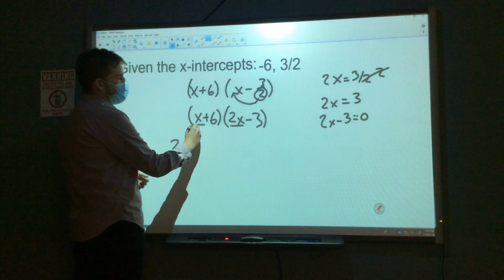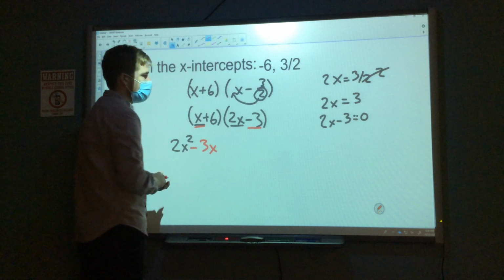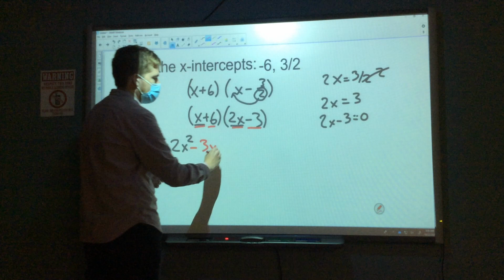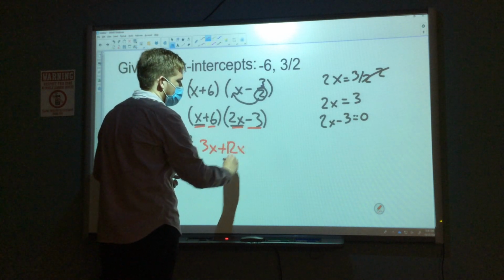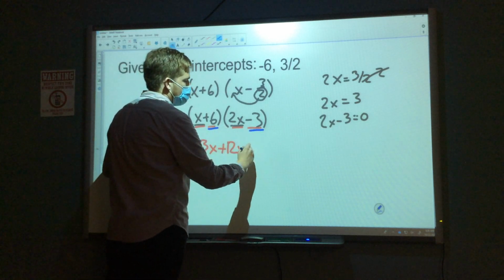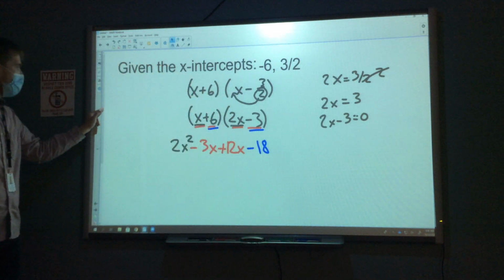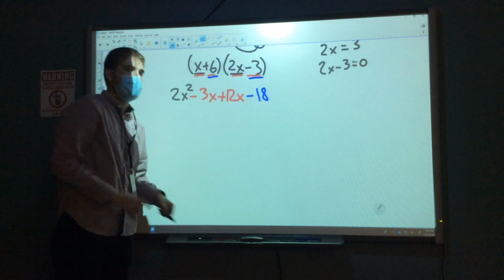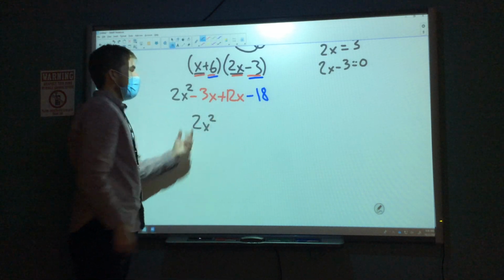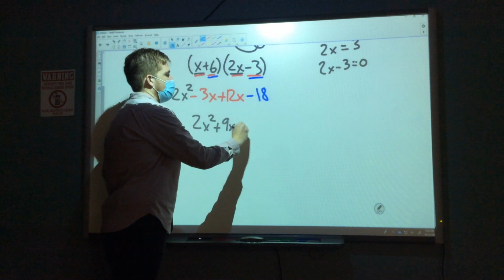I then have x times negative 3, that is minus 3x. 6 times 2x, that is plus 12x, plus 6 times negative 3, that is minus 18. So when I combine like terms, my final equation will be 2x squared, negative 3 plus 12 is 9x, minus 18.